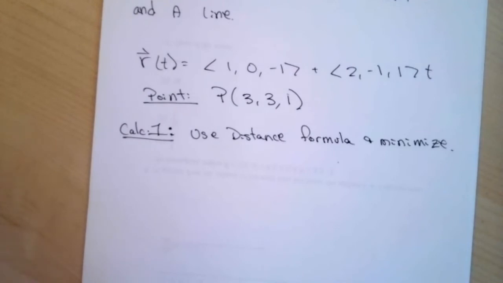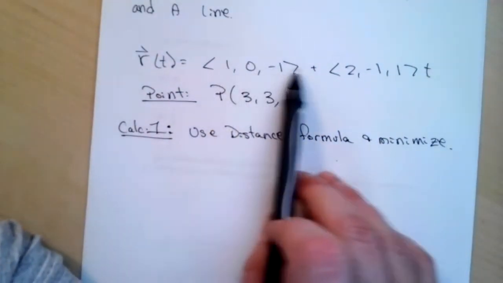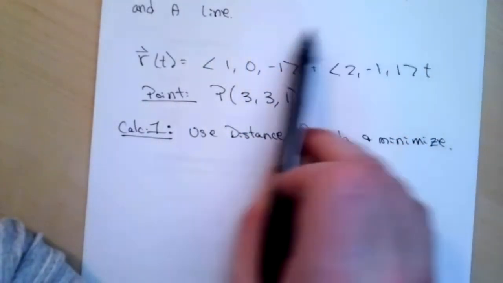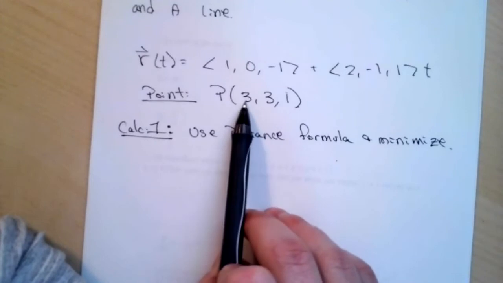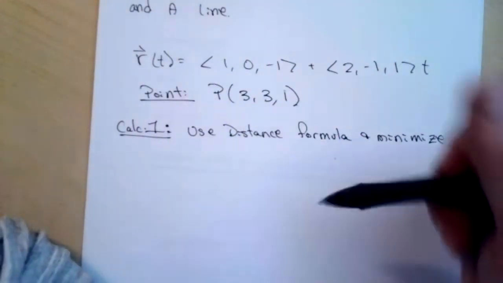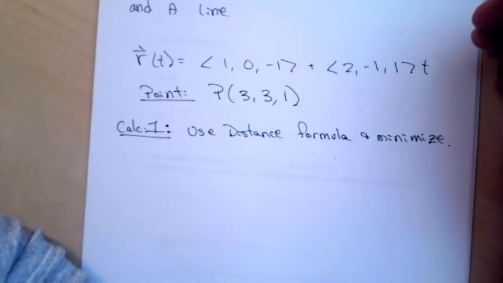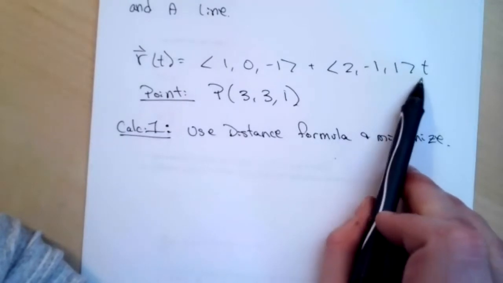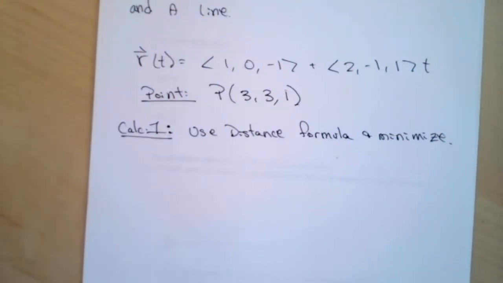We want to minimize distance. So we have x, y, and z. We can write parametric equations of our line. We have a specific point, (3, 3, 1). So we could use the distance formula, the change in x squared plus change in y squared plus change in z squared, and then minimize that with respect to the time variable. So you guys are honor students. I'll leave it to you. Try that on your own.